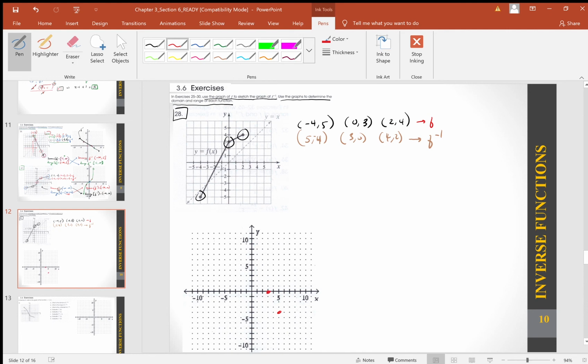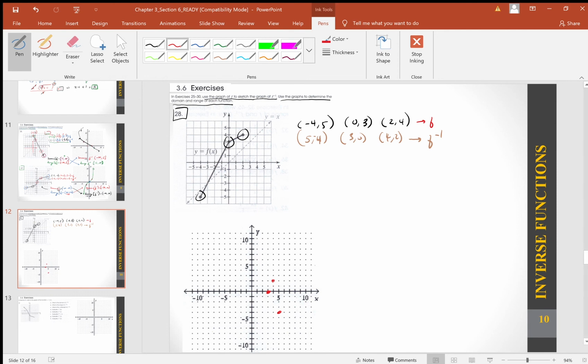Okay. 4, 2. So when you do that, typically you just plot those points: 5, negative 4, 3, 0, 4, 2.